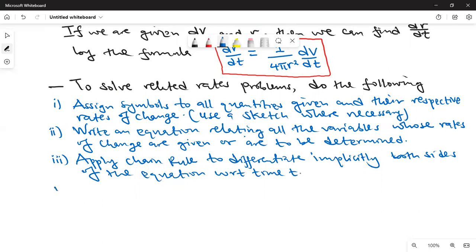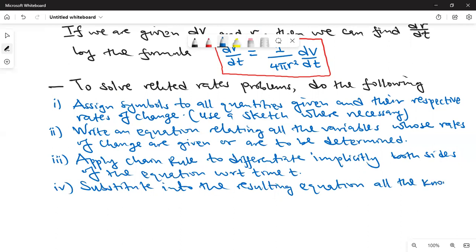And then the last thing that you need to do is to substitute into the resulting equation all the known variables and their rates of change, and then solve for the required rate of change.